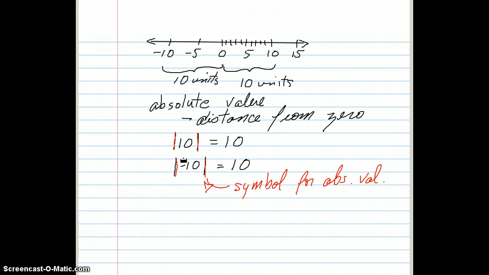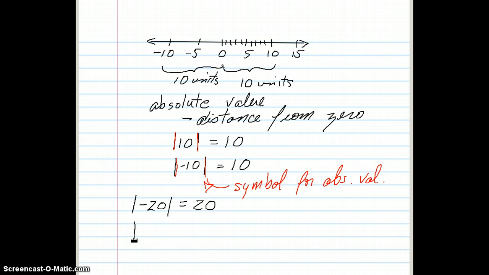Now notice that this negative got changed to a positive. So whatever I put into this absolute value, since I'm dealing with distance, will always come out positive. The absolute value of negative 20 is equal to 20.